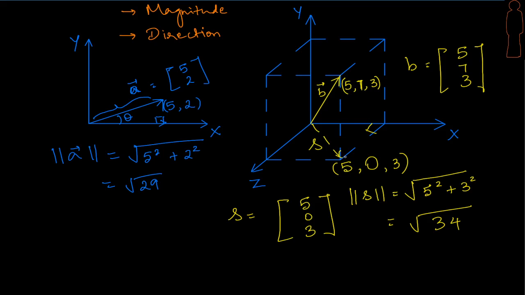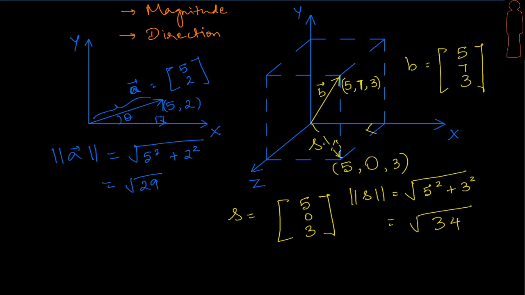You can easily make out whatever be the direction of the S vector, it will always be perpendicular to this vertical stick, is it not? Because the entire xz plane and this vertical stick are perpendicular to each other, and therefore, though in this diagram it's not very obvious, the point we are trying to make is that this is also a right angle, right? This is also a right angle.